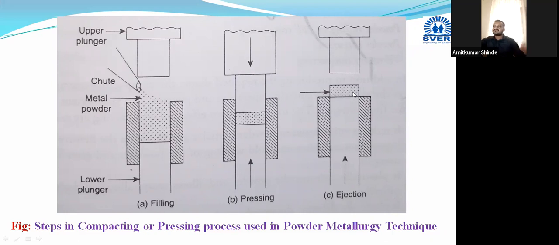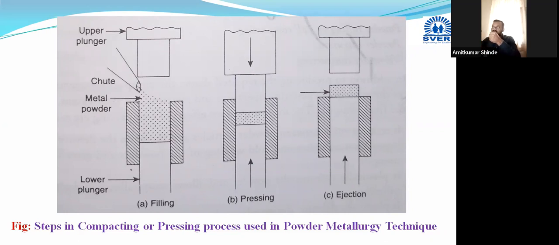The next advantage we have got is due to the continuous pressing. Due to continuous pressing, the powder particles will get some adhesion to each other. Adhesion or cold welding will occur, which means powder particles will get joined to each other.